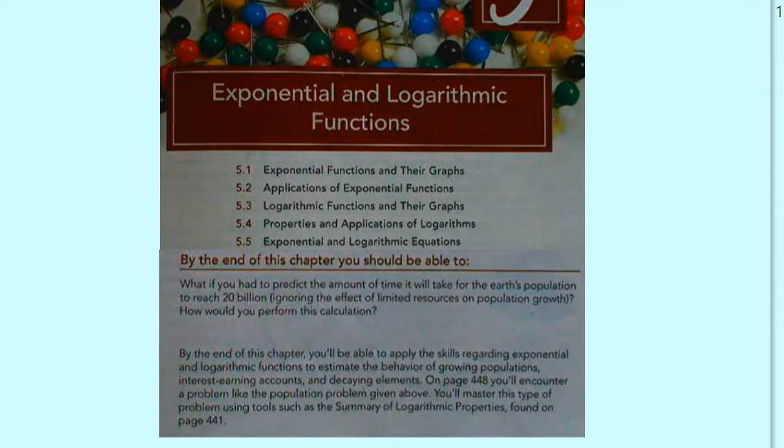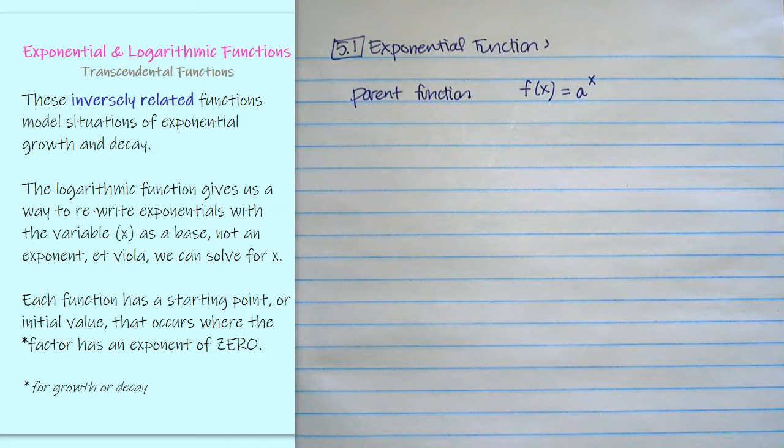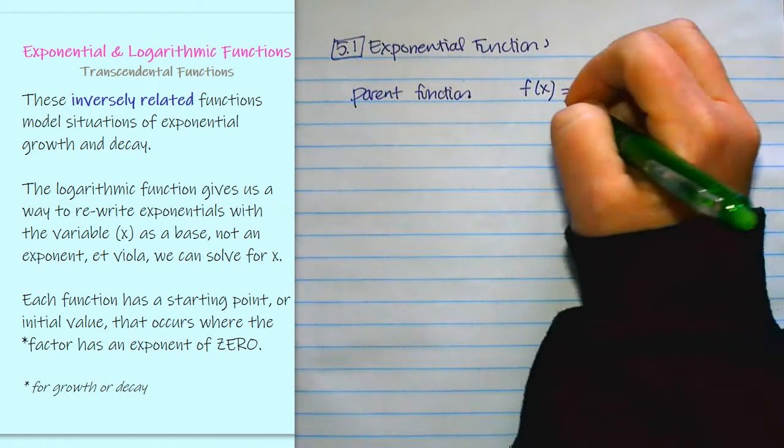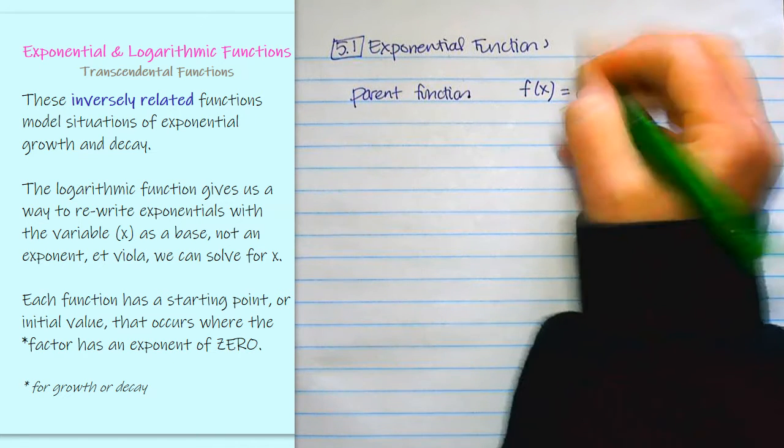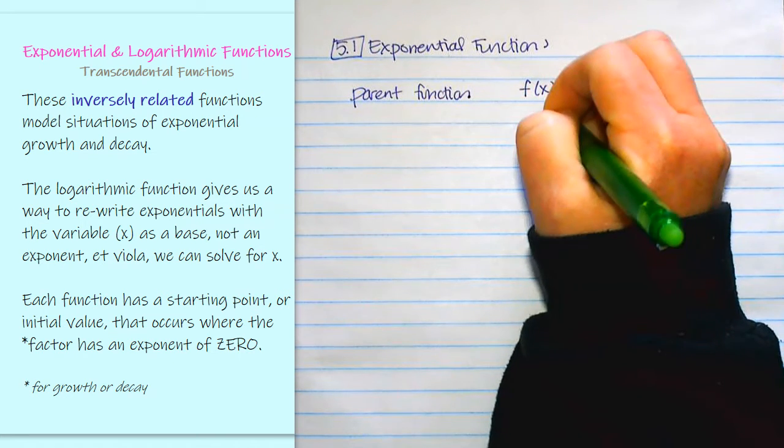All right, so let's get started. Exponential functions. The parent function, the most basic function for an exponential function, looks like f of x equals a to the x, where a is some base, and in some books they will call this b for base, but our book calls it a, so we'll write it as a here.